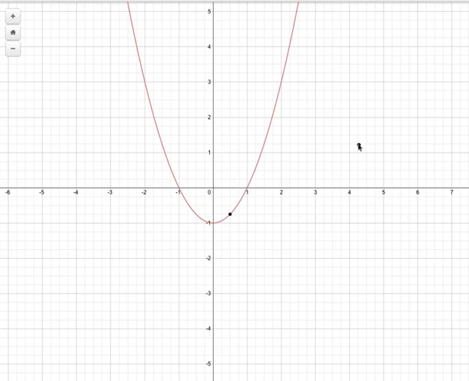Here's a particular example. This is the graph of the function f of x equals x squared minus 1. If we look at this particular point, the x coordinate is 0.5.